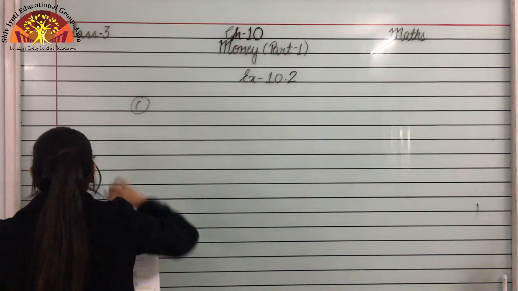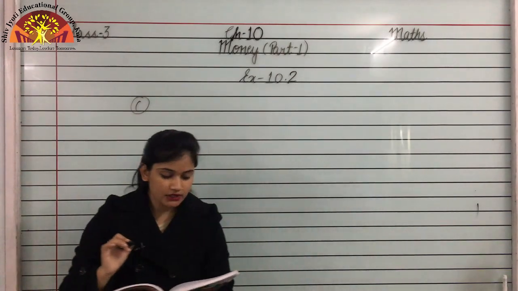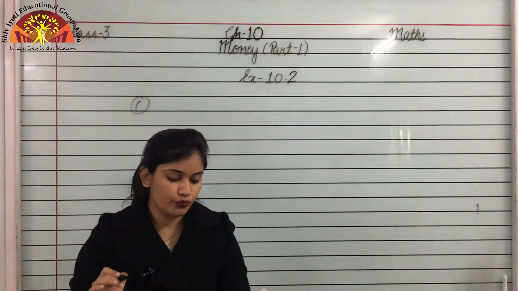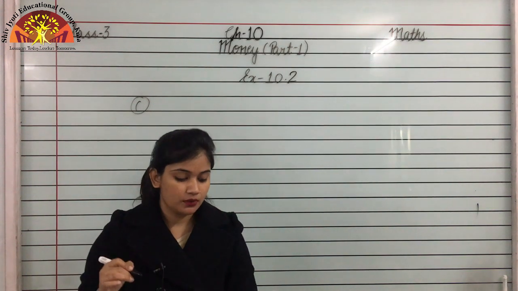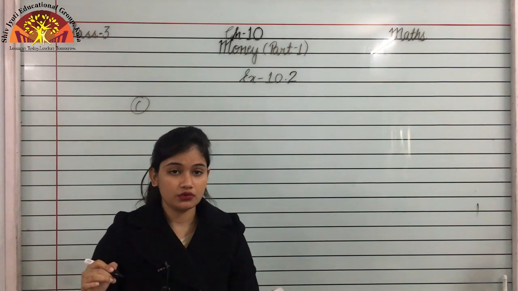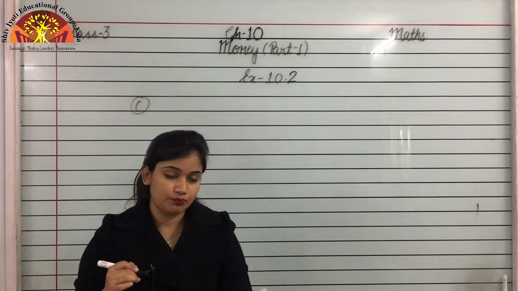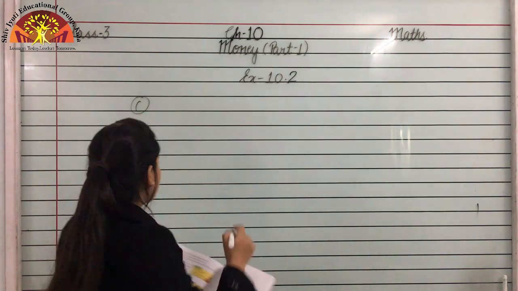Now what we have to do in this C part, subtract rupees 232.55 from rupees 570.20. Now in this question we have to subtract a number from the given number.